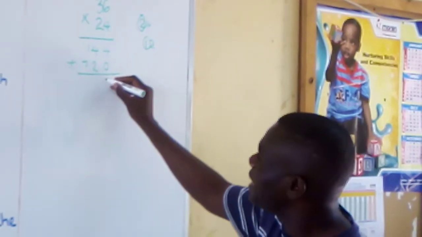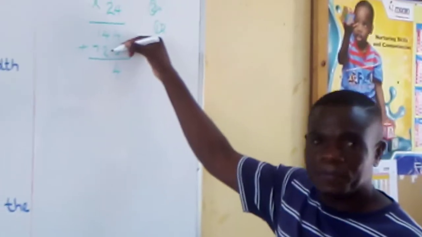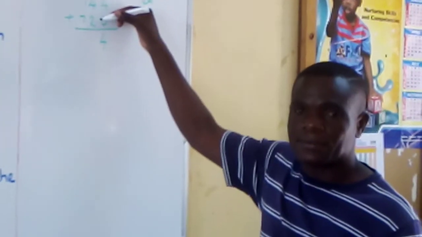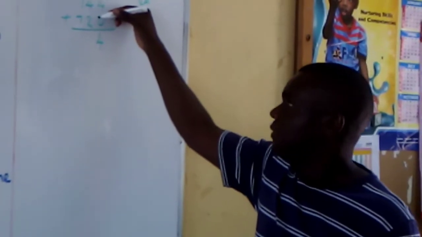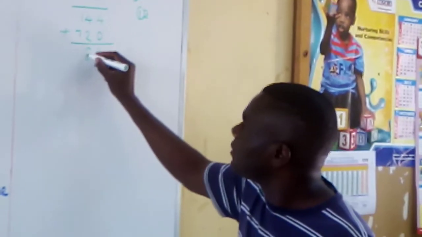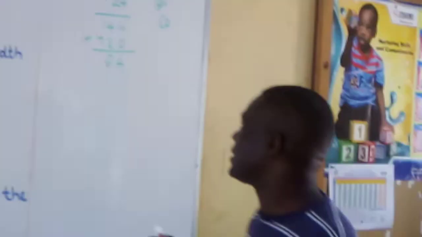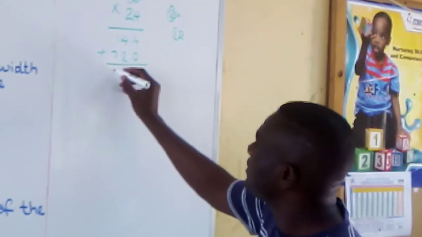Good. 4 plus 0 is 4. 4 plus 2. You can answer that. 4 plus 2 is 6. What is 1 plus 7? Maxwell? 1 plus 7 is 8.